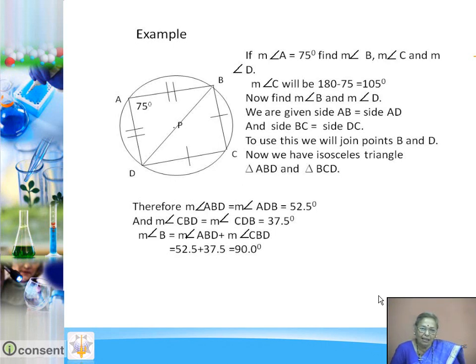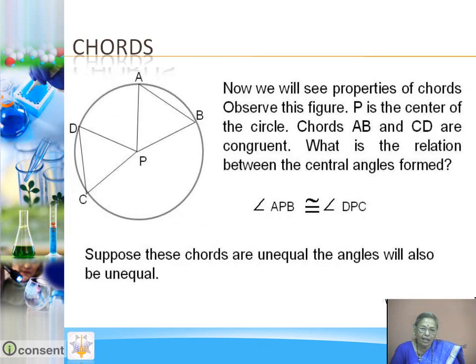Now we will see the properties of the chords. How many chords are drawn in this diagram? Yes, 2 chords are drawn in this diagram. These 2 chords form a central angle at the center of the circle. Measure these chords. What do you see?